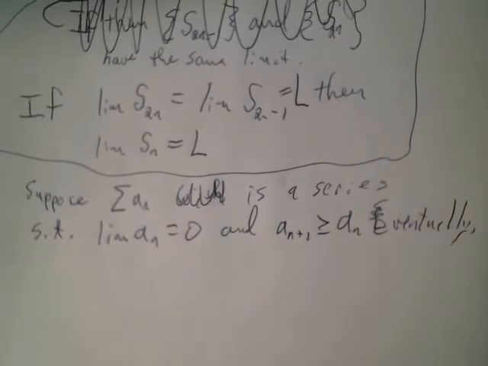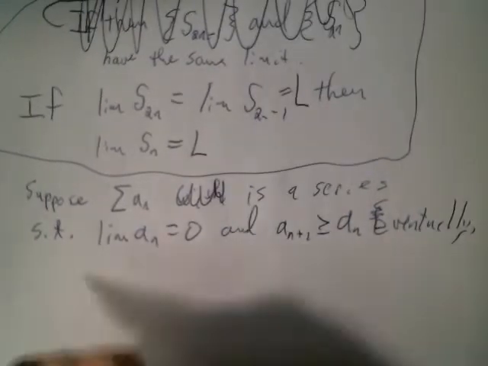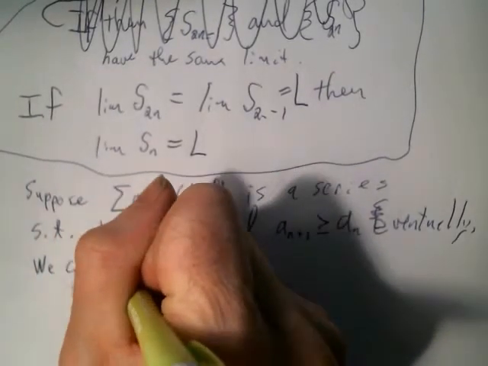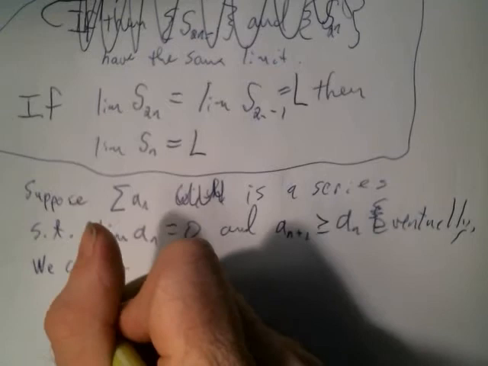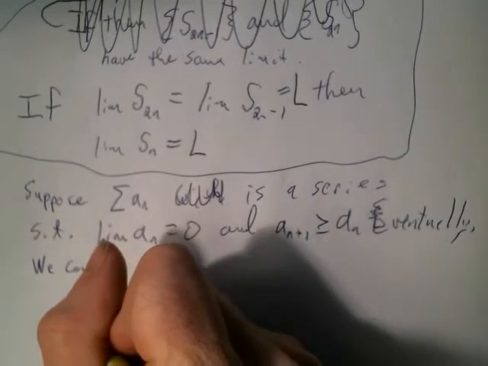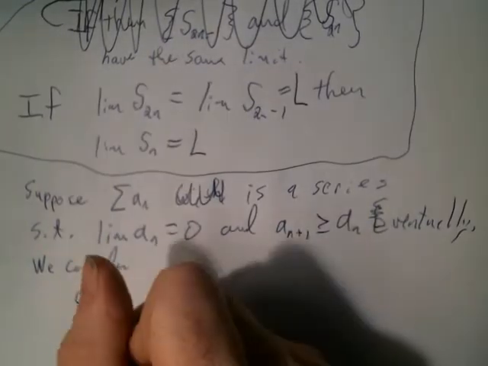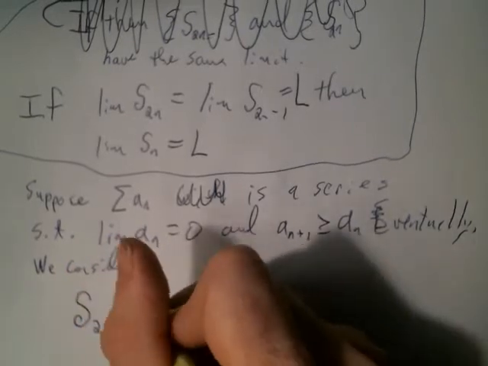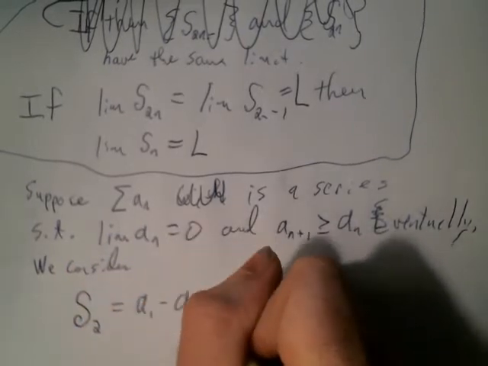Okay, so having those suppositions, we consider then this sequence of partial sums S sub 2n. So S sub 2 is going to be A sub 1 minus A sub 2.